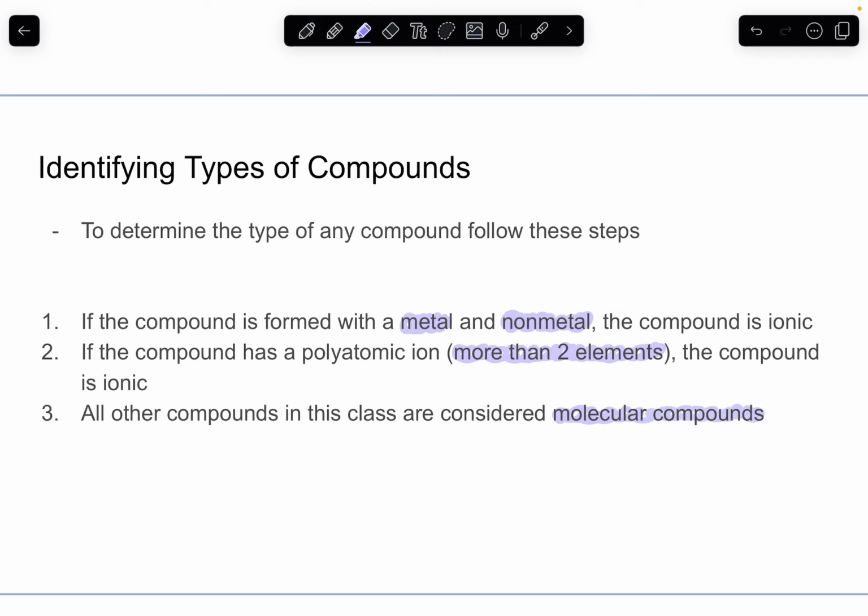So if you're staring at an unknown compound, ask yourself, is this a metal and a nonmetal? If the answer is yes, the compound is ionic. If the answer is no, check and see if you have a polyatomic ion. If the answer to both 1 and 2 is no, you don't have a metal and a nonmetal, you don't have more than 2 elements, then your compound has to be molecular.